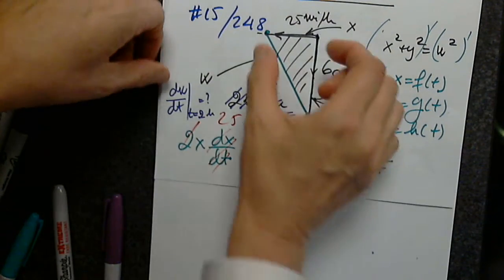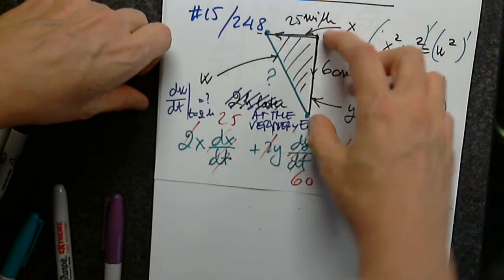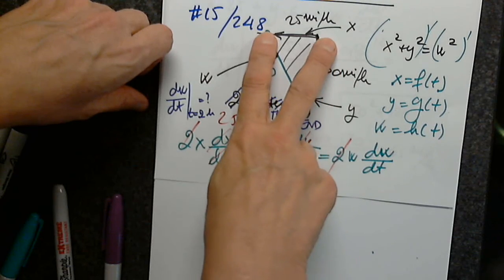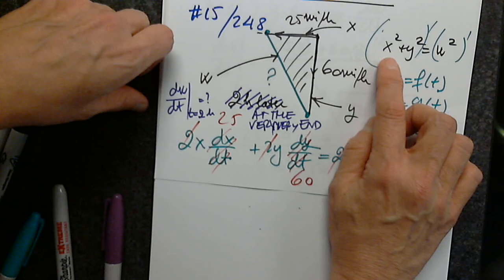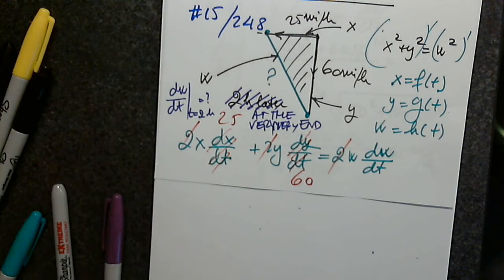You understand that if you put in this and this as 25 times 2 and 60 times 2, when you differentiate, you will get 0. So you have to create an equation or a relationship between variables that are functions, actually, and only then plug in. So always remember what you are given at the very end, find blah, blah, blah, when. That has to be disregarded to the last second of the solution.